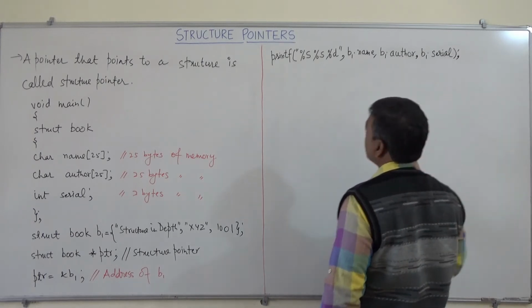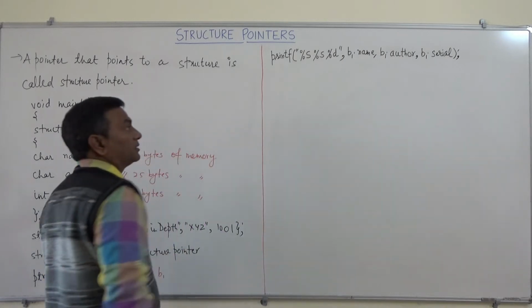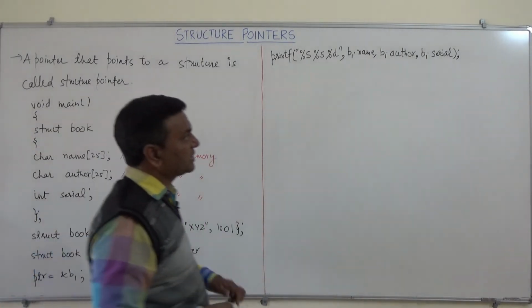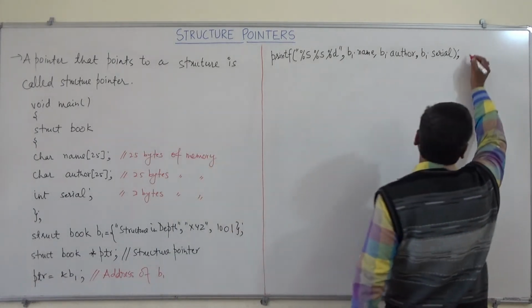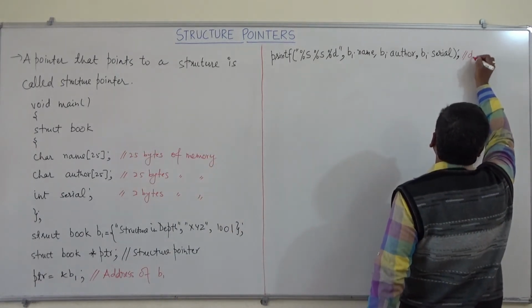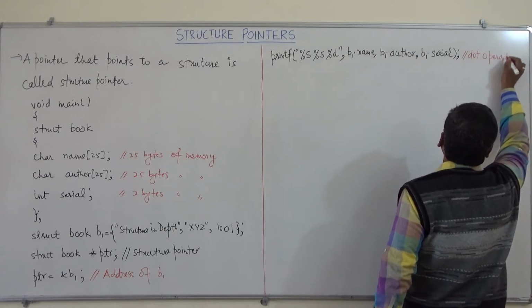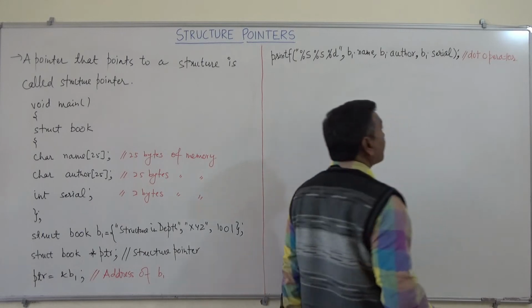So these three values can be printed. Here we are using dot, and this is the dot operator.